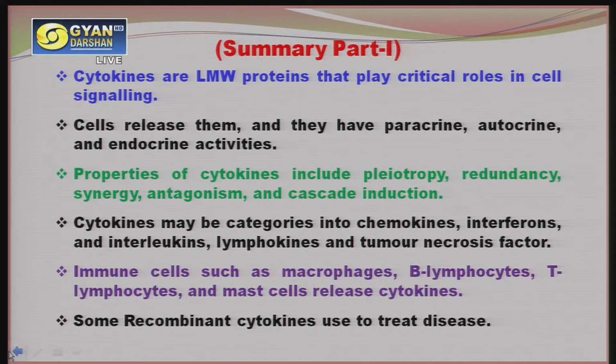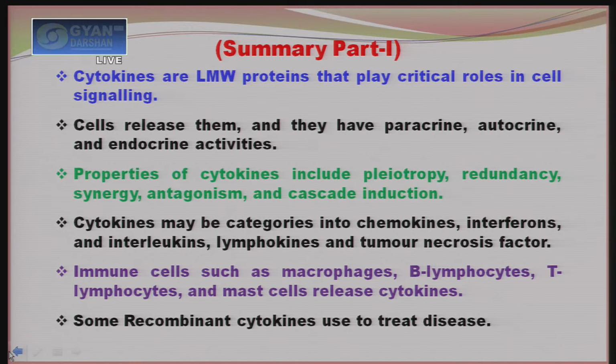You have also learned the various properties including pleiotropy, redundancy, synergy, antagonism, and cascade induction. You have also learned that cytokines may be categorized into chemokines, interferons, interleukins, lymphokines, and tumor necrosis factors.